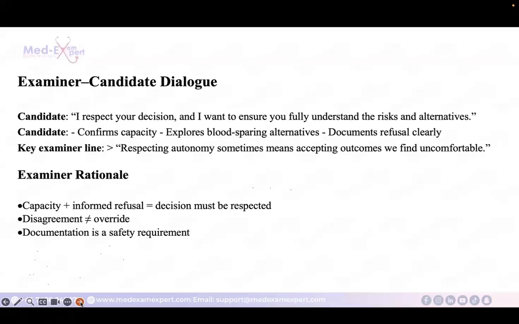Respecting autonomy sometimes means accepting outcomes, even if you find it uncomfortable. So capacity plus informed refusal equals a decision that must be respected. Disagreement does not equal override, and documentation is a safety requirement.